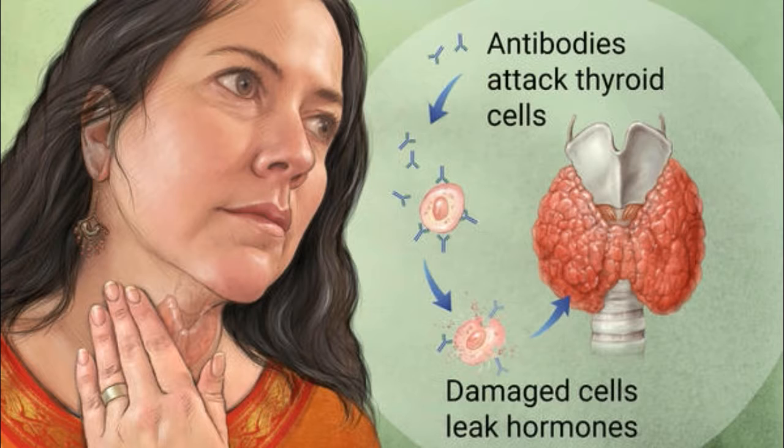No one knows why certain people make thyroid antibodies, although this tends to run in families. Thyroiditis can also be caused by an infection, such as a virus or bacteria, which works in the same way as antibodies to cause inflammation in the gland. Finally, drugs such as interferon and amiodarone can also damage thyroid cells and cause thyroiditis.